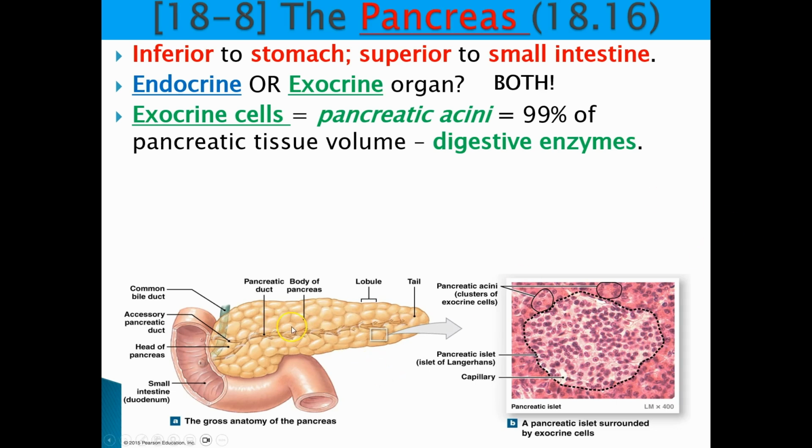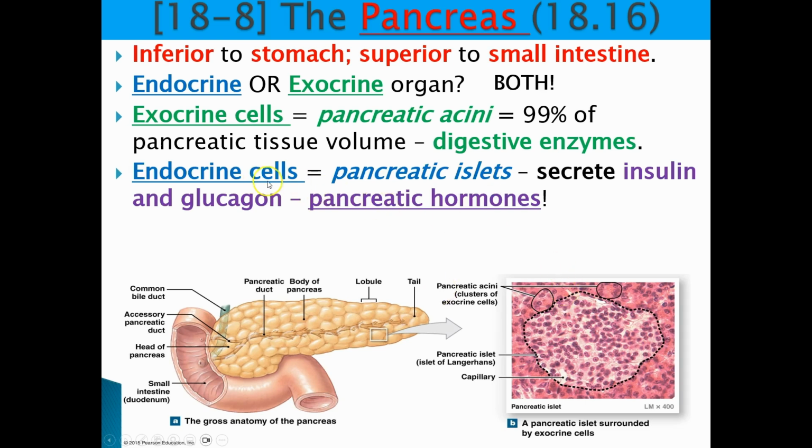And I'll point out the sort of things you can expect on lab exams for me to ask. But hands down, knowing the darker pink regions are the pancreatic acini, and knowing that they represent the exocrine regions, is really important. And it should make sense that most of this tissue is going to be exocrine, because we're going to need large concentrations of digestive juices in comparison to low amounts of hormones.